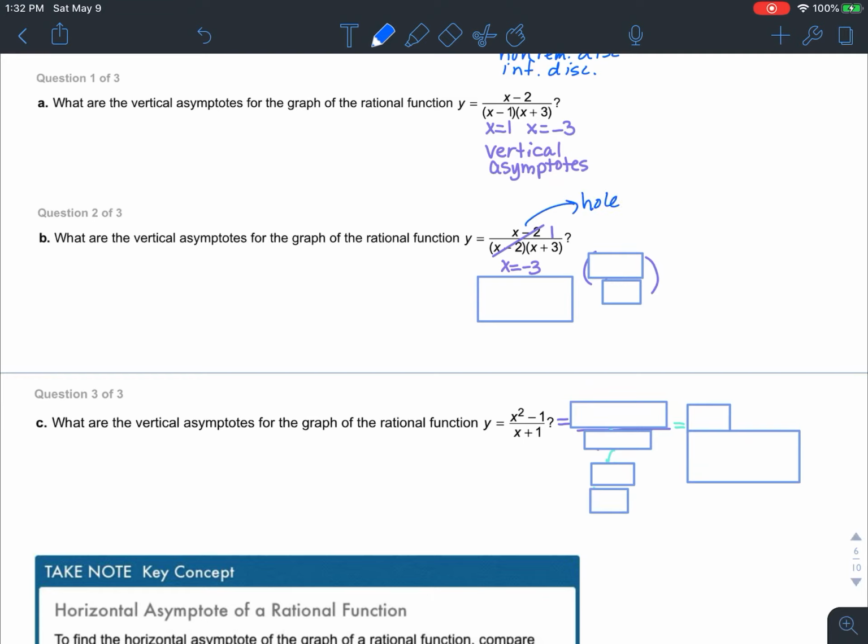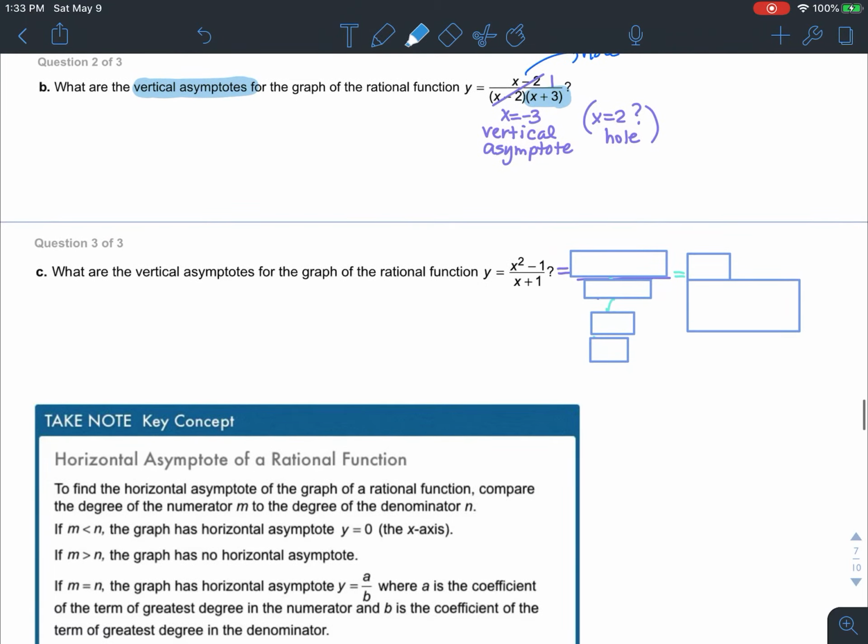But they're not really asking you about holes on this. So they're only asking you about vertical asymptotes. So the vertical asymptote is coming from the guy who's left. So x equals negative 3 is a vertical asymptote. What's happening at x is 2? It's a hole. The question really was just vertical asymptotes, but I don't want you to lose sight of the fact that what was there was a hole.